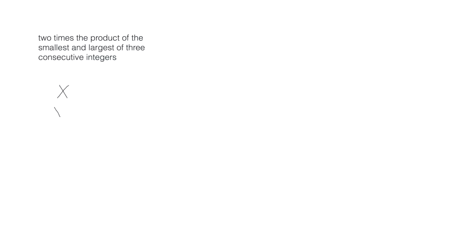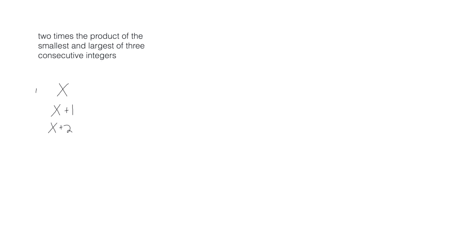Okay, this one has 3 consecutive integers. So this is the first number, x, whatever that is. The second number right after it is x plus 1. And the third one is x plus 2. So these are your 3 numbers.